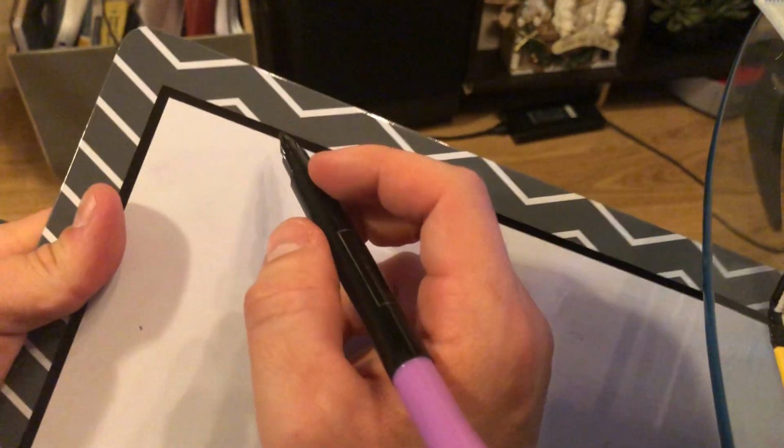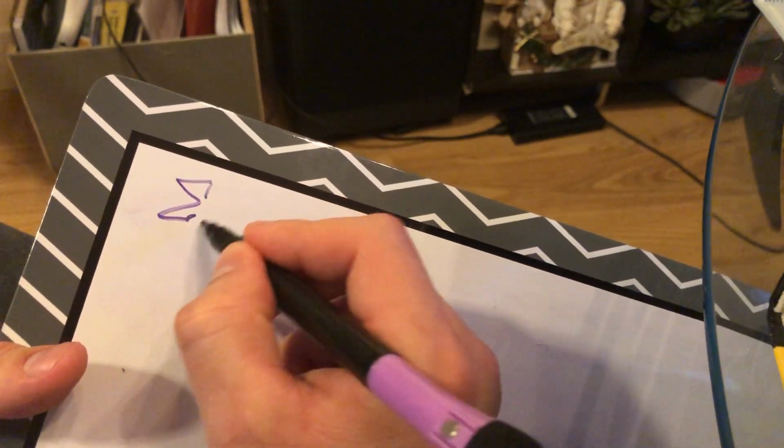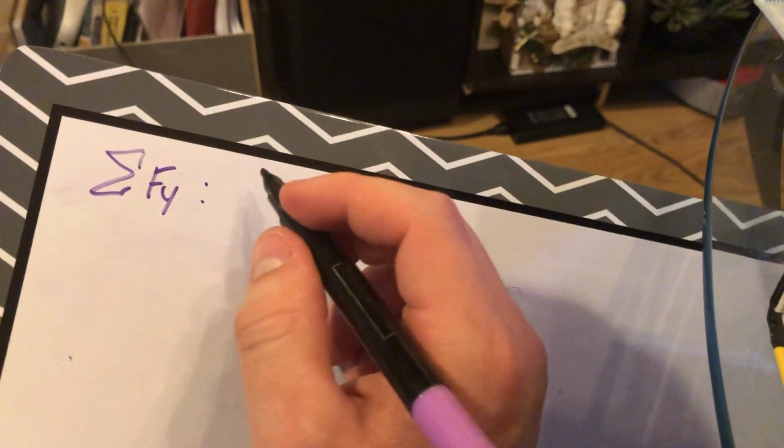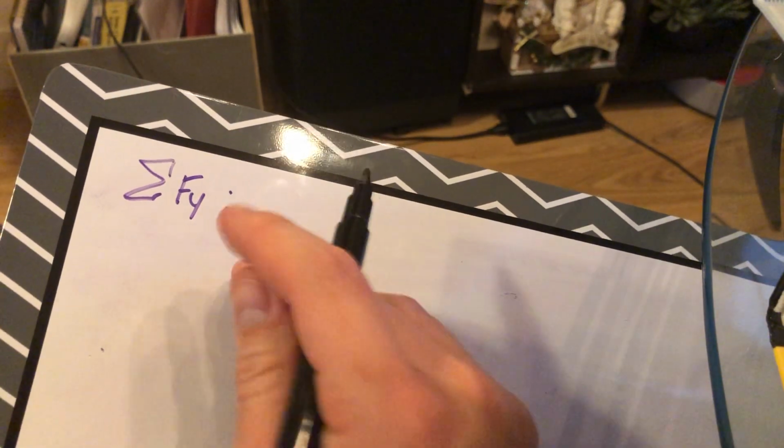So, let's do this. What we're first going to do is a sum of the forces in the y direction. And what we have here is a pulley holding a pallet, right?